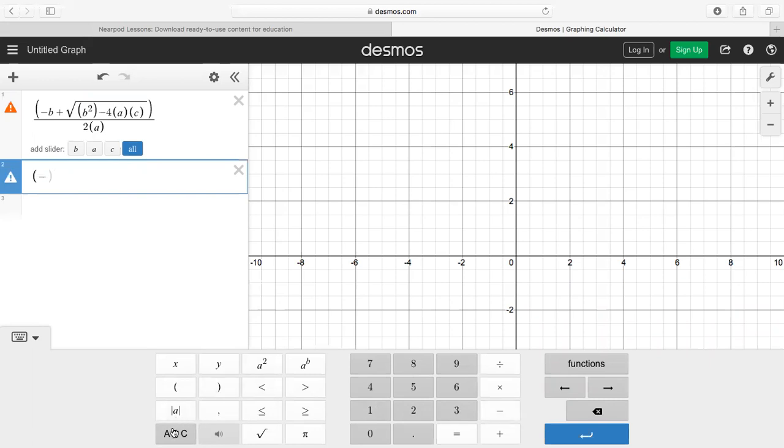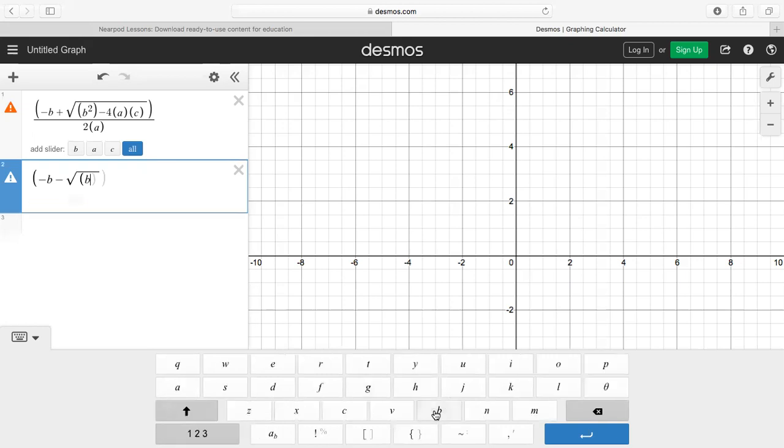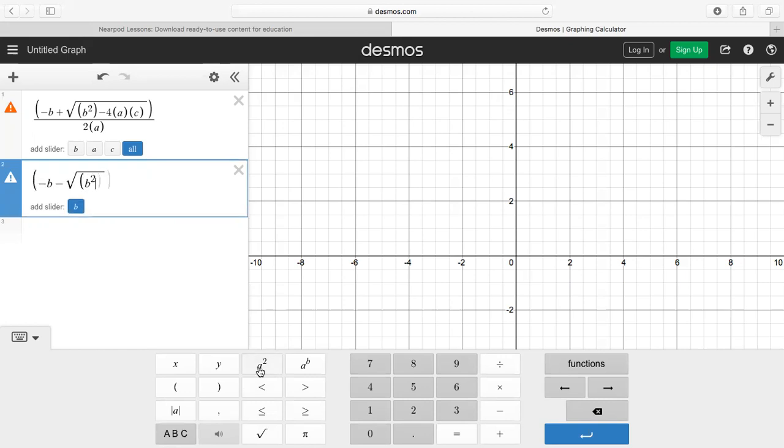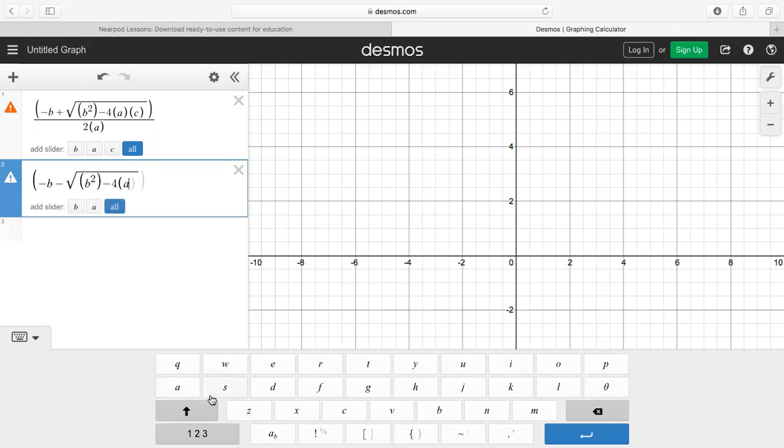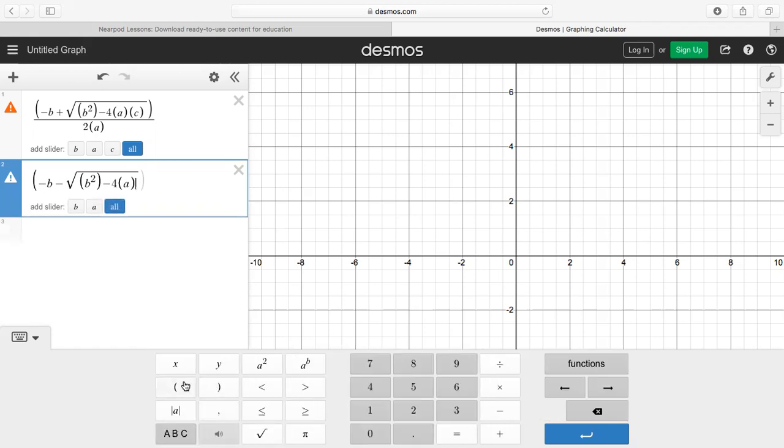So negative b minus, I'm doing minus, you can do plus, the square root, open parenthesis, b squared, close the parenthesis, minus 4, parenthesis a, close the parenthesis, parenthesis c, close the parenthesis.